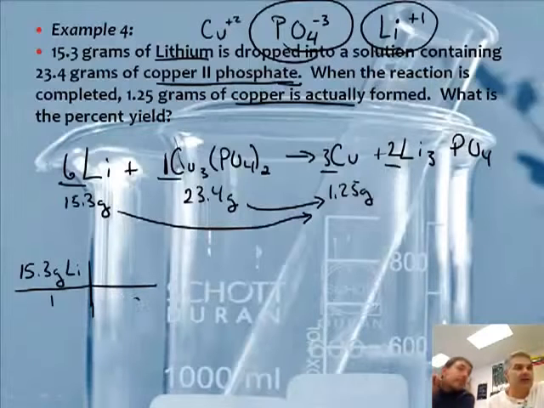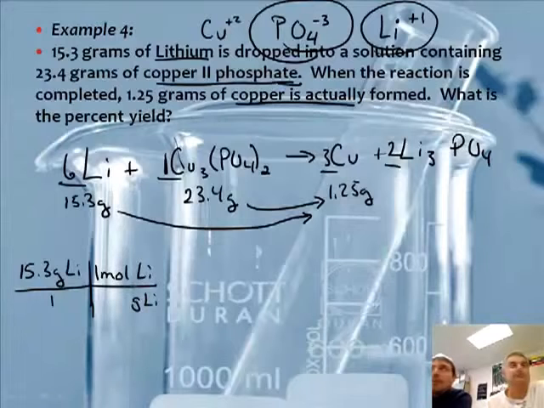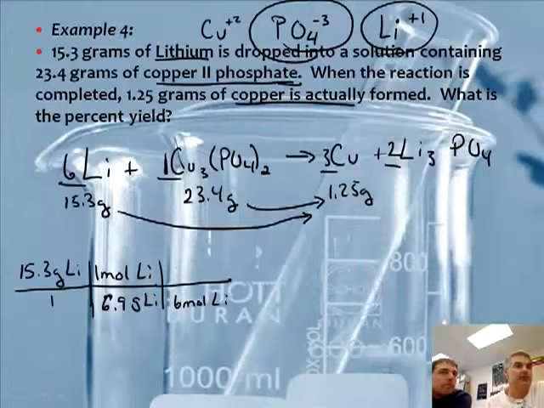So grams of Li to 1 mole of Li, 7. Is it 7.0 or 6.9? It is 6.941, so 6.9, we just go to the tenth of a decimal. And then what do we say? 6 moles of lithium to 3 moles of copper.